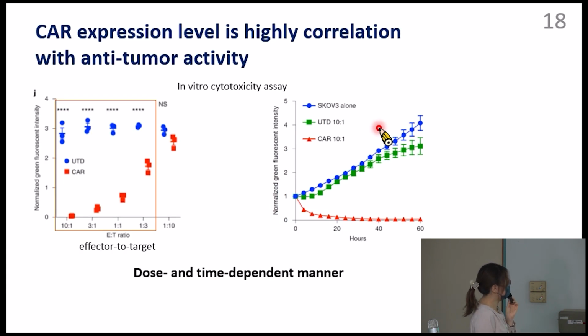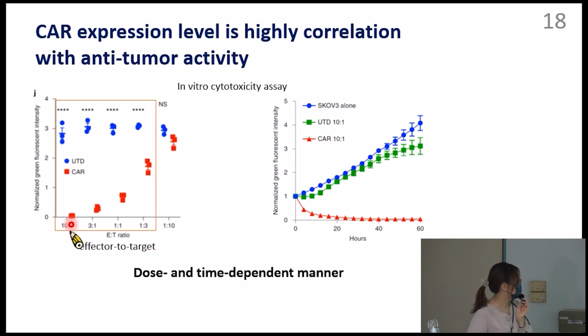And they also tested whether the CAR effect is dose dependent and time dependent. So they co-cultured macrophage with the tumor cell at different ratios. Effector means the CAR macrophage, and the target is the tumor cell.